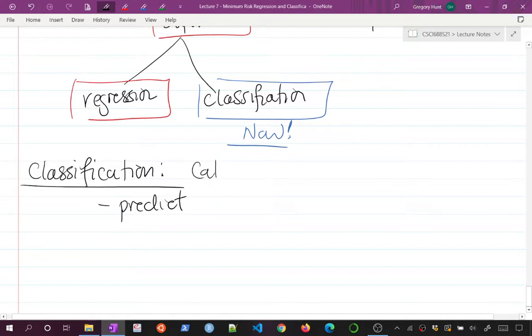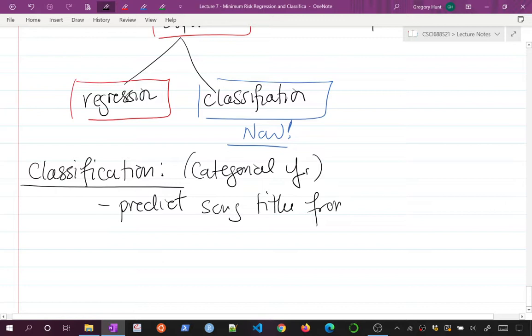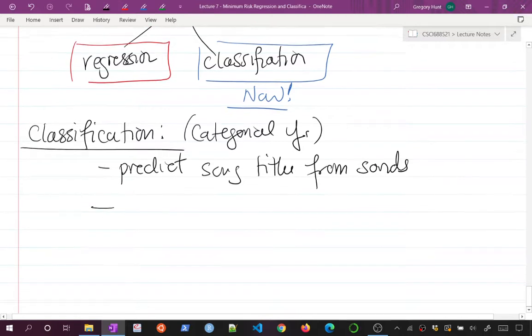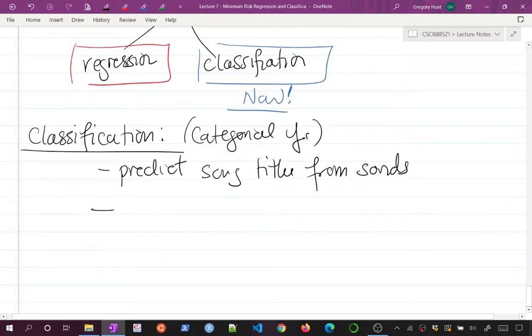So categorical Ys. I want to predict song title from sounds. It's like what SoundHound does, right? I have a large but finite set of song names, and they're categorical. There's no particular way to order them.